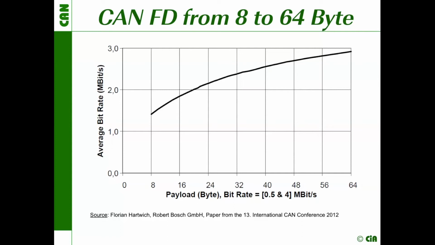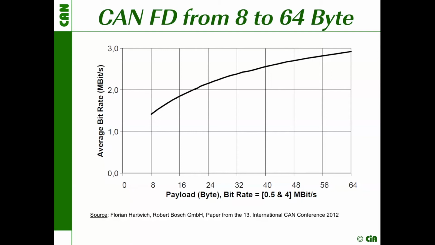If we double that again to 32 bytes, we are already almost 2.5 megabits per second. And if we use the full message length of 64 bytes, we are almost 3 megabits per second. So we can have a huge improvement. The network length limitation applies to the arbitration speed of 500K. We are still talking about a network length of about 100 meters.